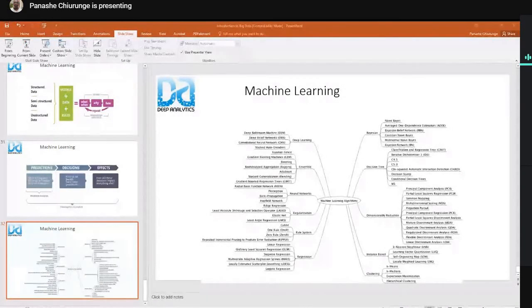So there's what we call shallow networks and deep networks. Deep networks are composed of at least 2 layers of neural networks, and shallow networks are composed of 1 layer. So the difference has to do with the number of layers in the architecture. Deep means more than 2. Shallow means neural networks which are composed of 1 layer. We'll talk about that more when we do deep learning.